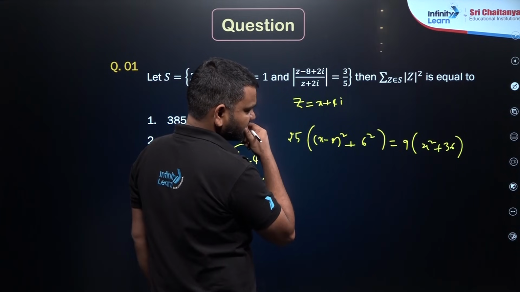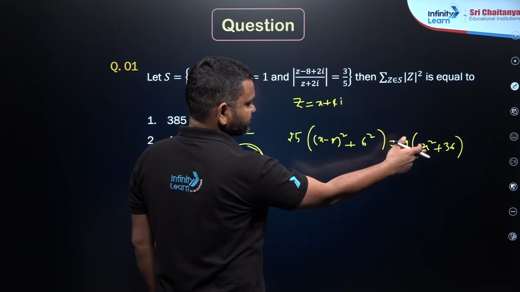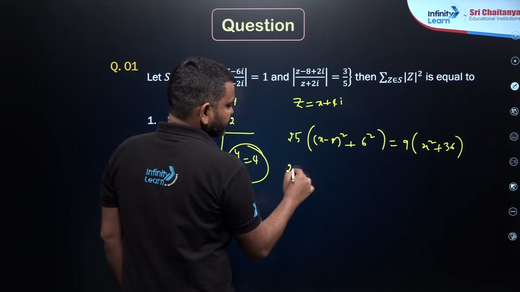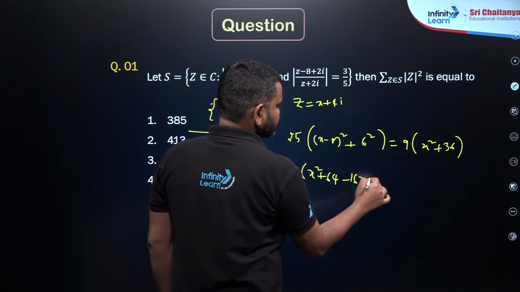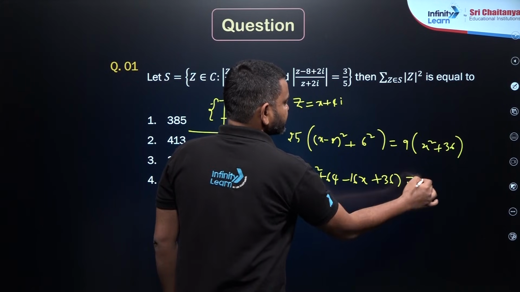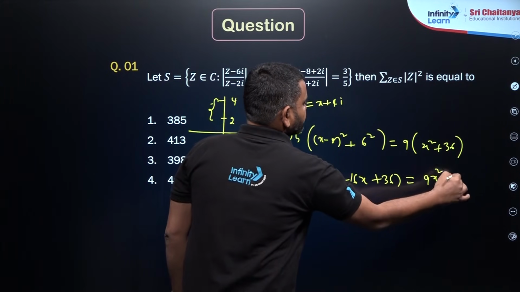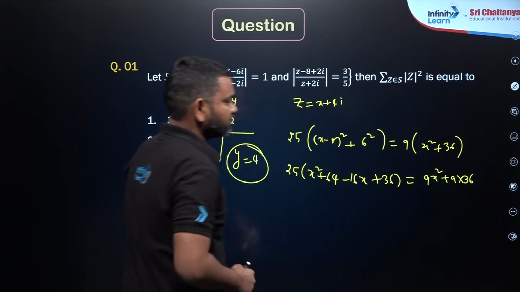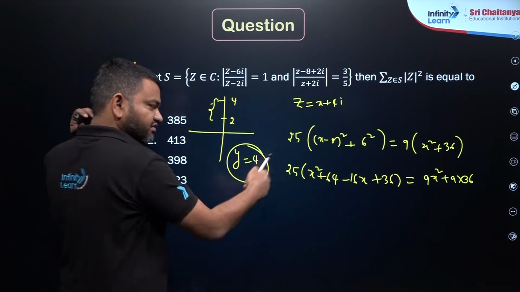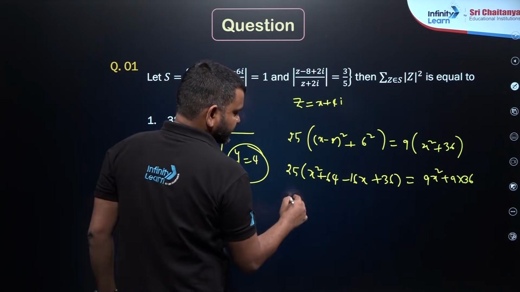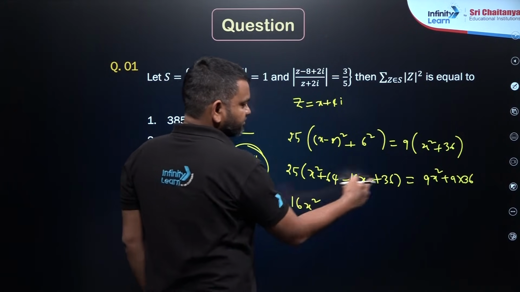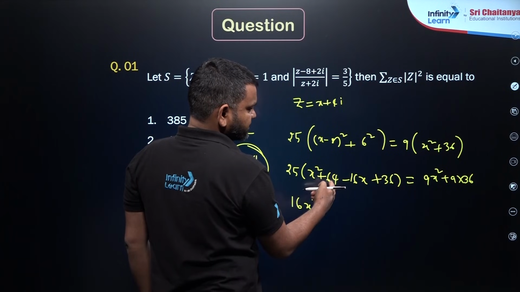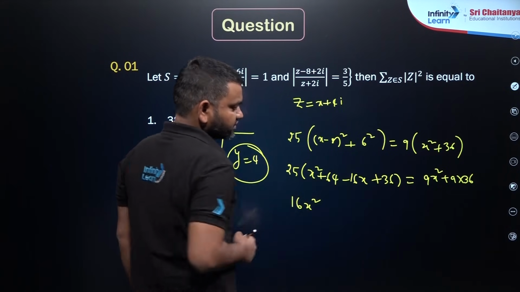If you observe this, 36 and 36 we have, so 25 times (x square plus 64 minus 16x plus 36) is equal to 9x square plus 9 into 36. If I take everything to one side, 25x square minus 9x square is 16x square, and here 64 plus 36 is going to be 100.